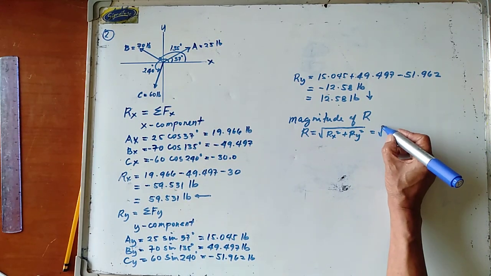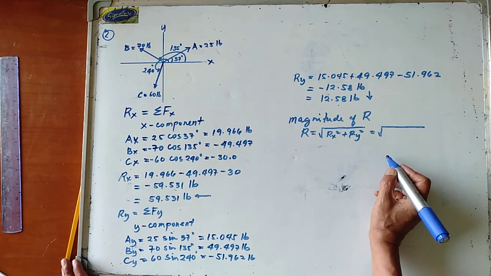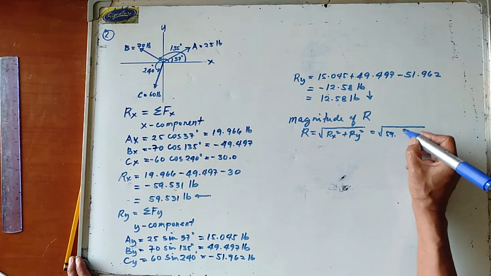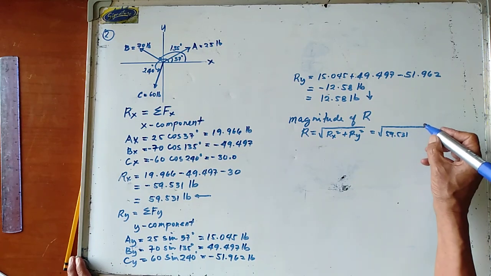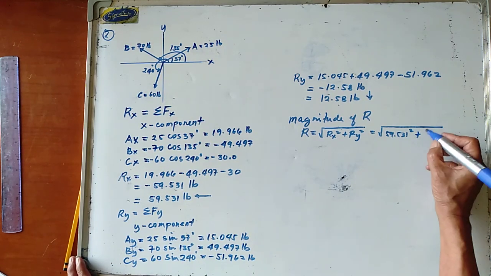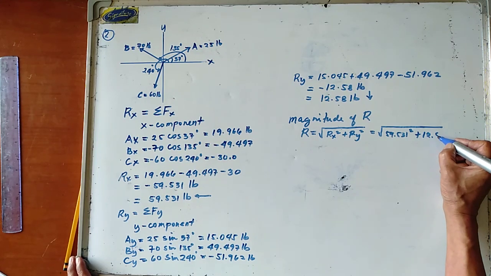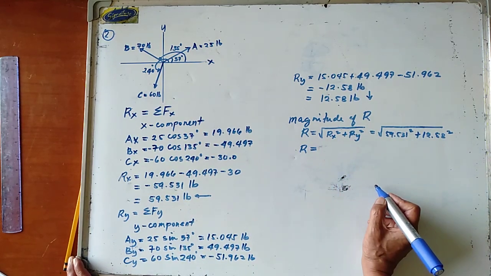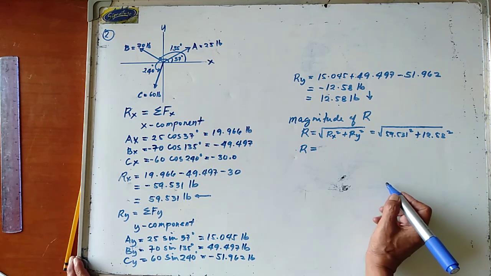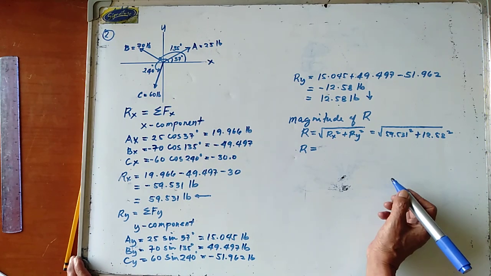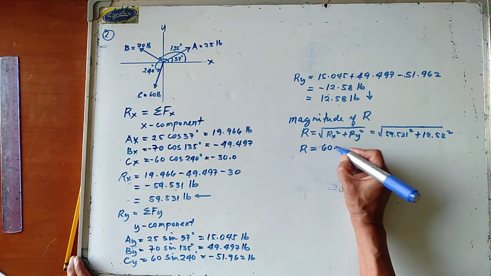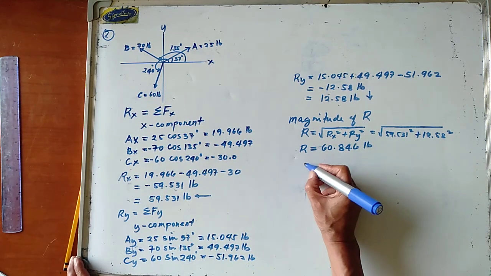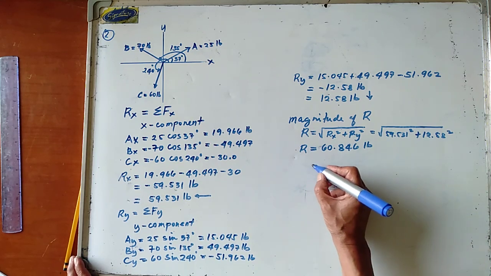So that is equal to the square root of 59.531 squared plus 12.58 squared, so the magnitude of the resultant is equal to 60.846 pounds.